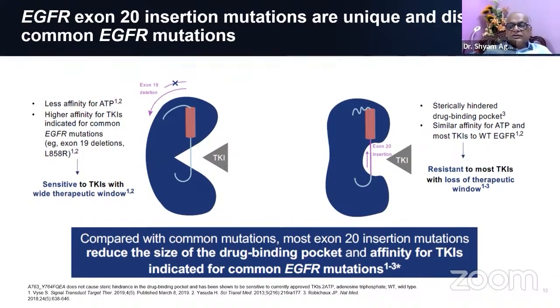So that's the reason that at the three-dimensional level, the drug cannot get into that slot where it is getting in patients who have exon 19 deletion or L858R mutation. And there's less affinity for ATP. So I think it basically gives a different site and a different affinity for the TKIs. Next slide. For the exon 20 insertion. And that makes it different and distinct. Next slide, please.